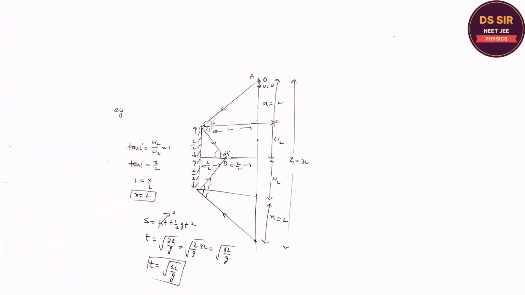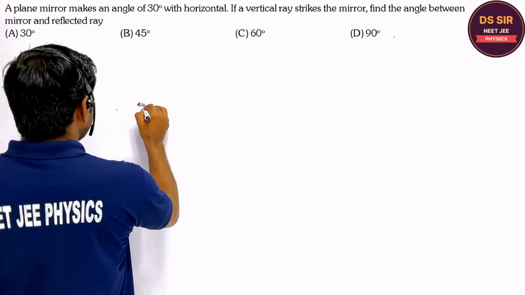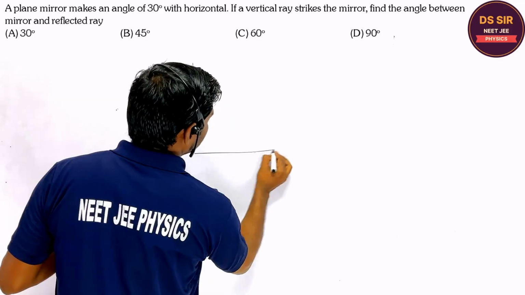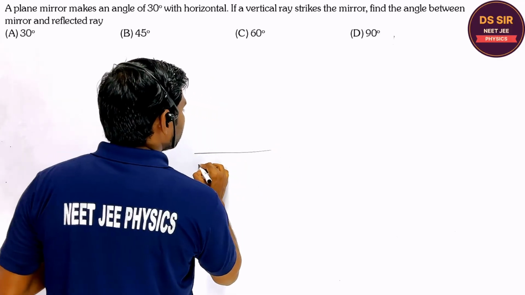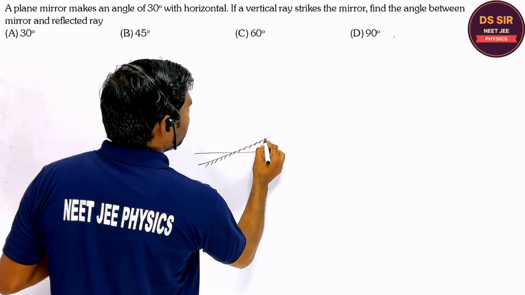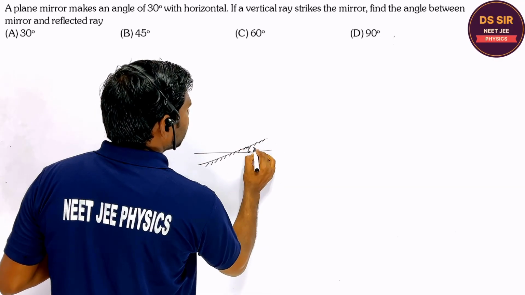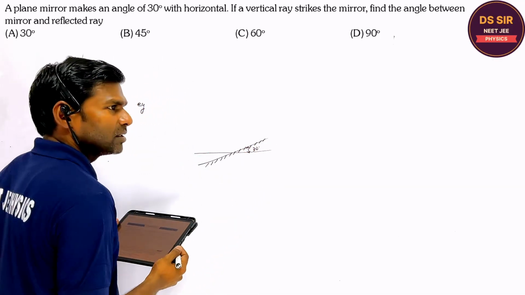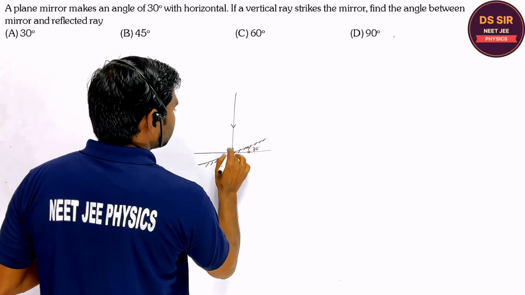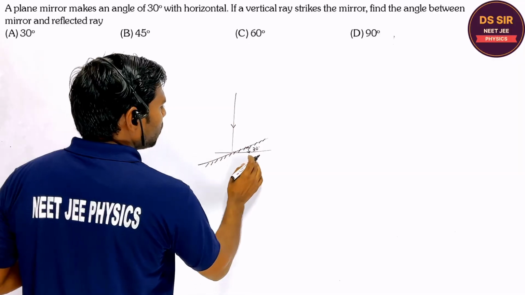Copy this. Read this question. In this question, a plane mirror makes an angle of 30 degrees with the horizontal. This is the horizontal, and this is the mirror. With the horizontal, the angle is 30 degrees. And the light is incident normally. Is it clear or not, you tell?